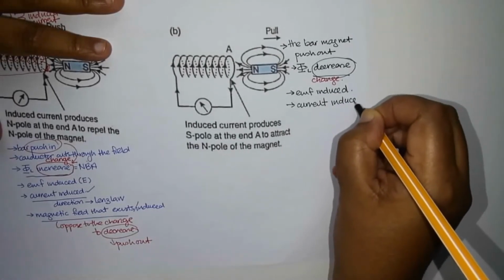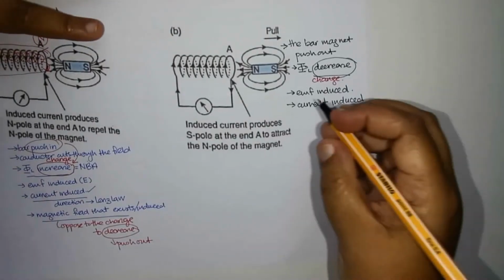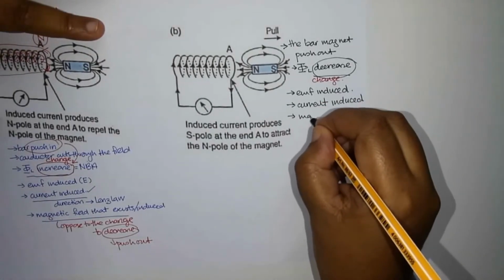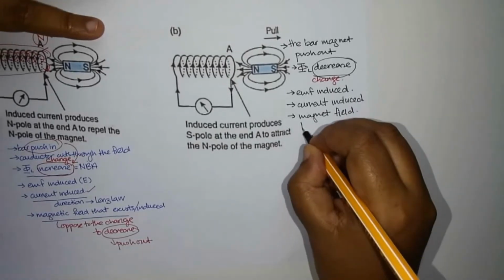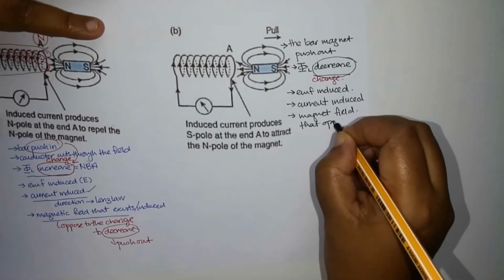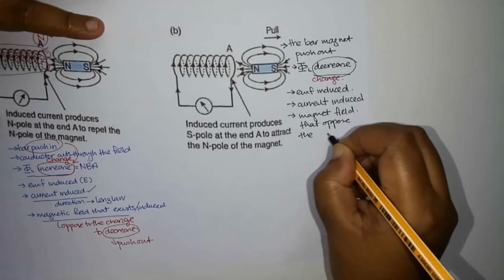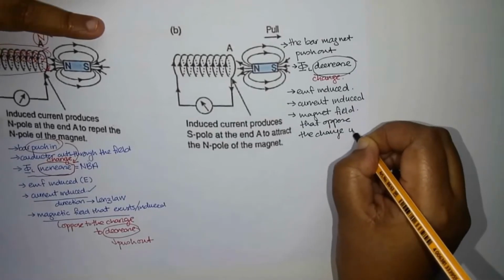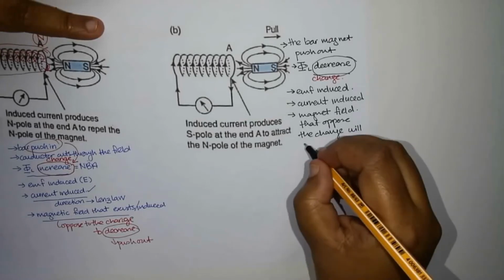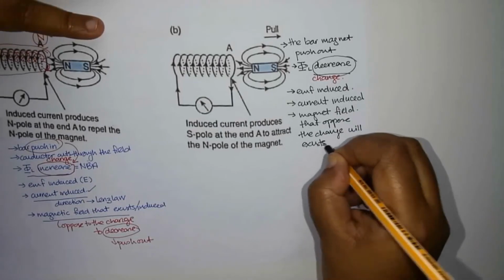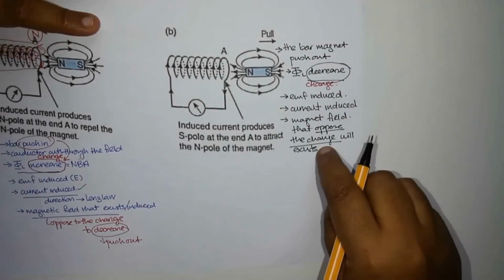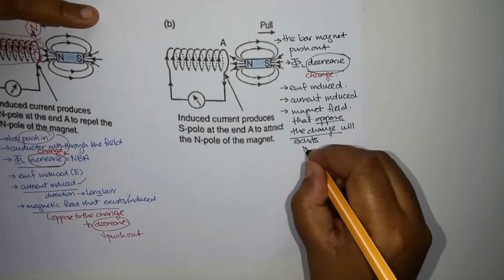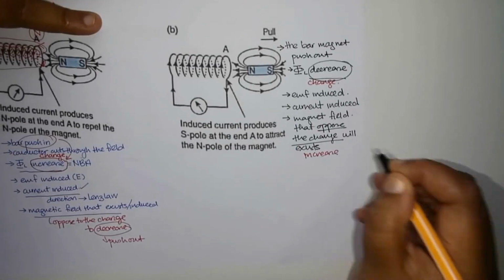Current is induced, and with that induced current, a magnetic field will form. A magnetic field that opposes the change according to Lenz's law will exist. So now the change is to decrease, and it opposes the change, so the field will try to increase.